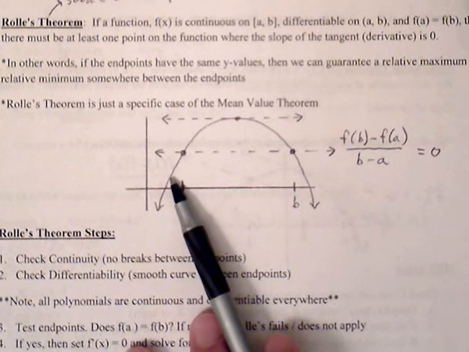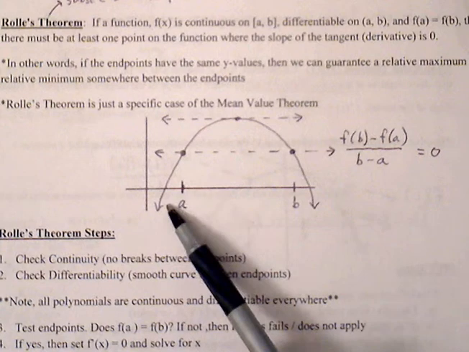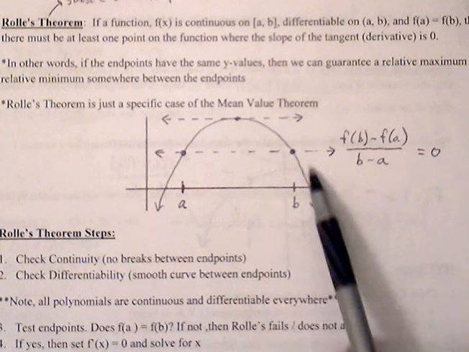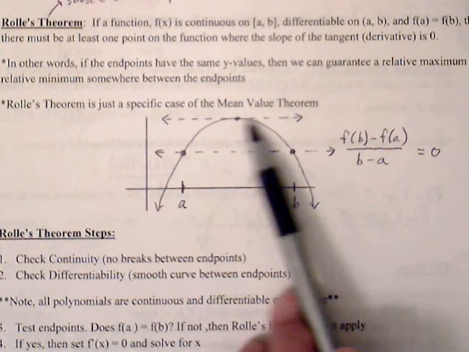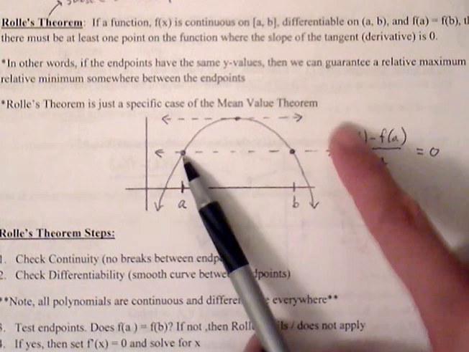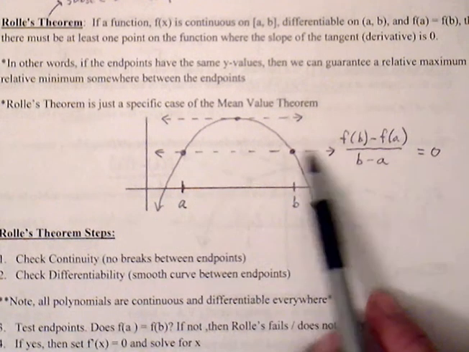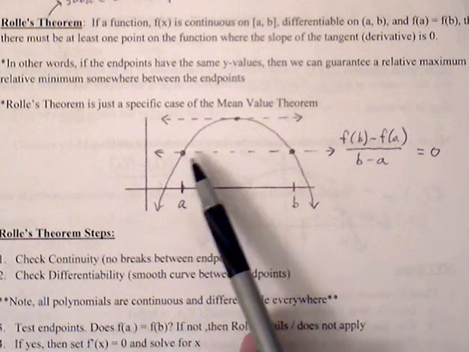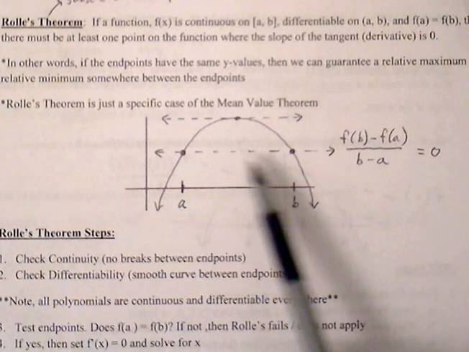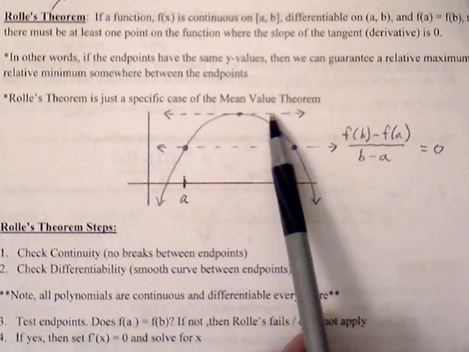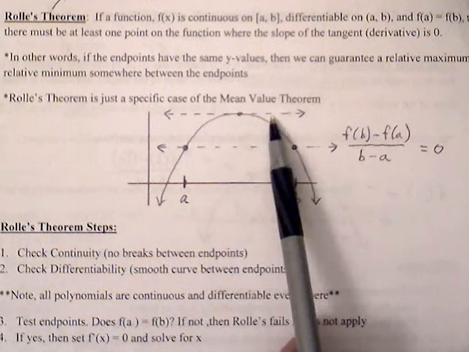So if we think about mean value theorem, what we say is that if we have a smooth curve, continuous, differentiable, whatever the slope is between the endpoints, then there must be at least another point on the graph where the slope is exactly the same as the endpoints.